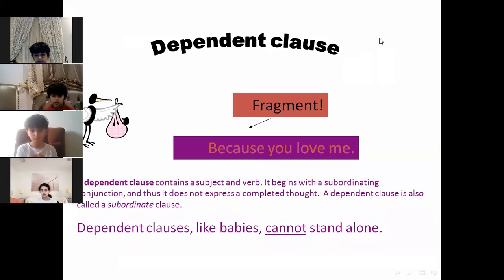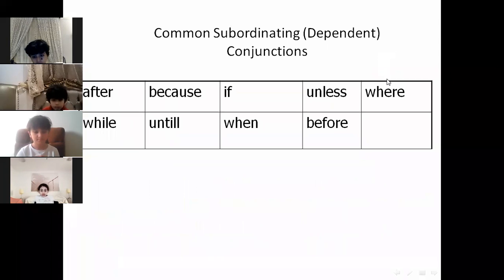The independent clause is like the adult. It can stand alone. But the dependent clause is like the baby. It cannot stand alone, so it needs an adult to help it, right? So we need an independent clause to help the dependent clause to make what? A complex sentence.